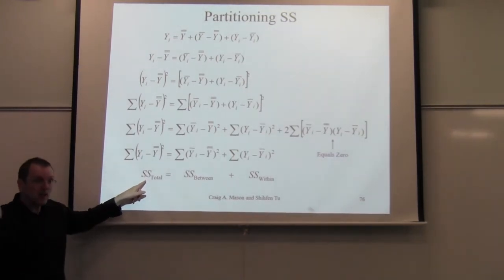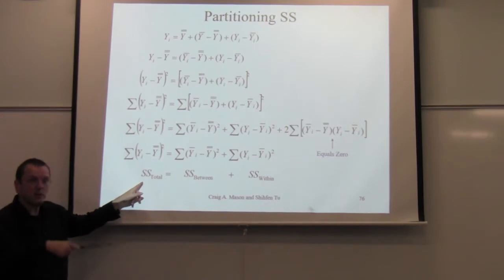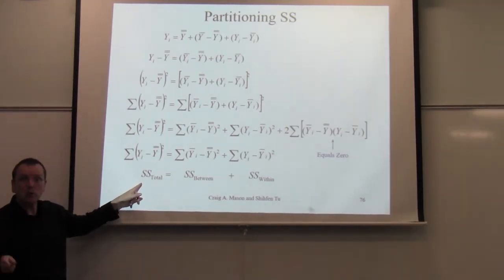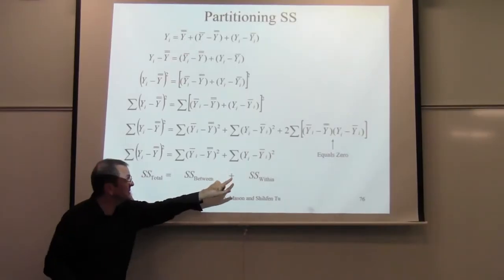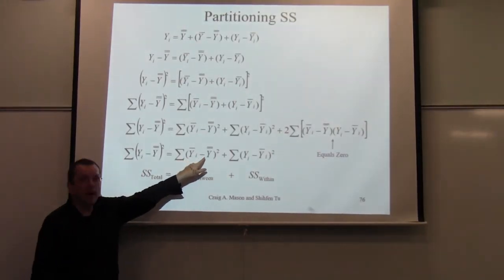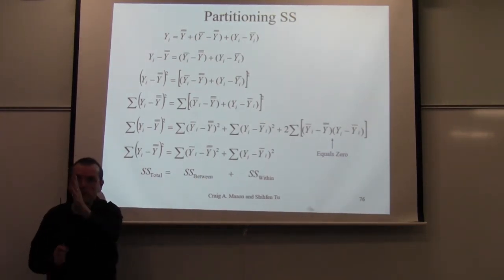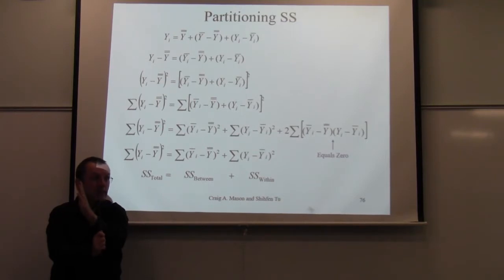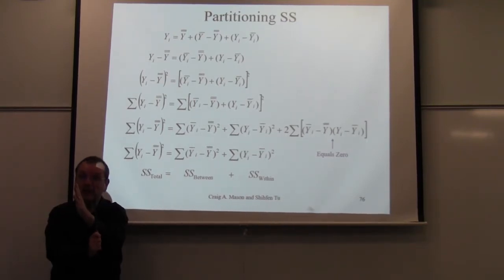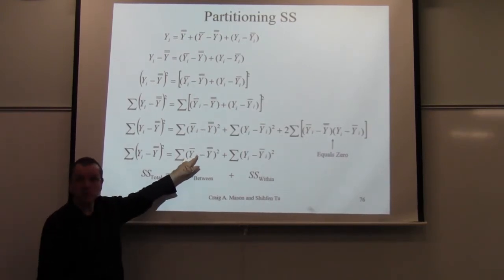That's the sum of squared variation for everybody in all the groups around the total grand mean, and it equals this plus this. This is the difference between my group average and the grand mean, that difference squared. That's between groups. It's variation between the groups, so that is our sum of squares between groups.